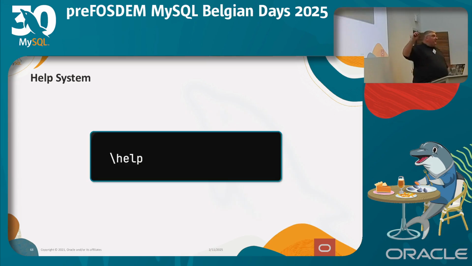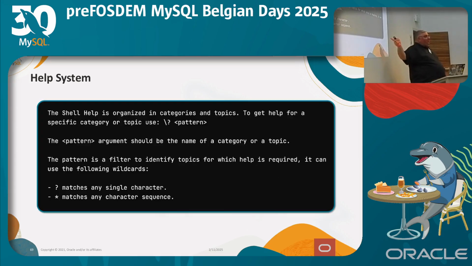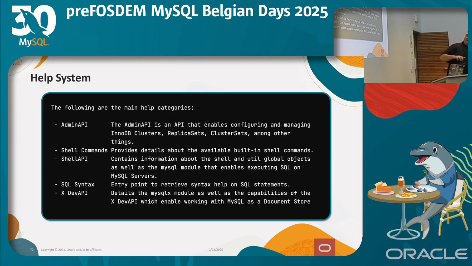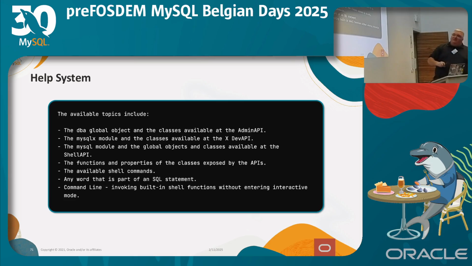As a matter of fact, if you do \help, you get help about the help. It lays out for you what information you have available, how you can format the data, how you can format your command requests. It tells you what the main categories are that you can get help for, and some of the available topics.